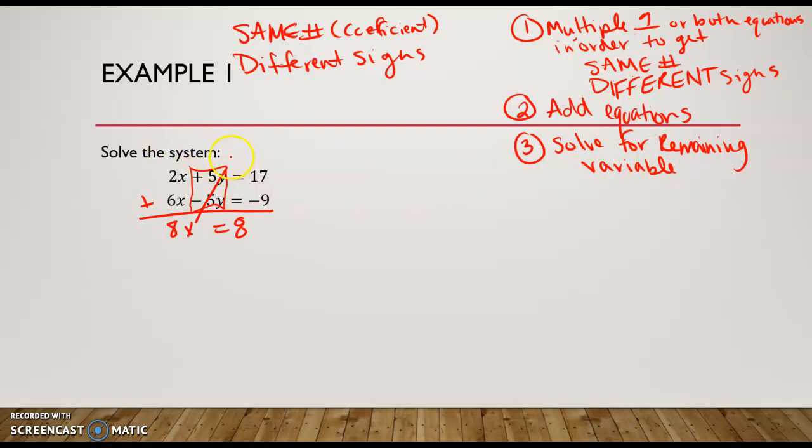So I didn't put that here, but here's basically one where we have same number, different signs. This adding is step 2. So step 3, we're going to divide both sides by 8 and get that x equals 1.